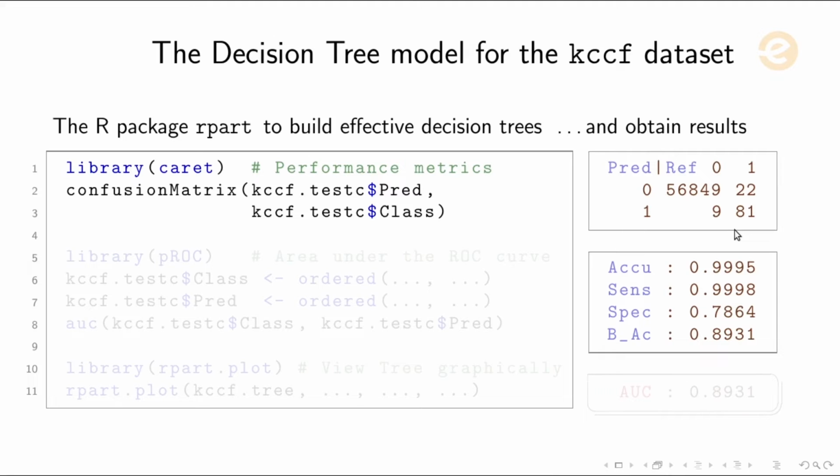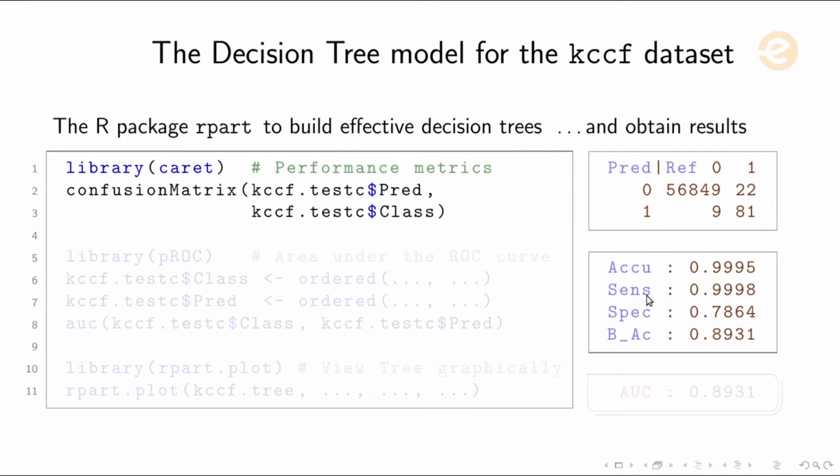Well, this actually says that 5, 6, 8, 4, 9 of the observations are correctly classified as the class 0, that is the genuine class, whereas 81 of the fraudulent observations were correctly classified as fraudulent. But there are 22 fraudulent observations that were misclassified as genuine, and only 9 genuine observations that were misclassified as fraudulent.